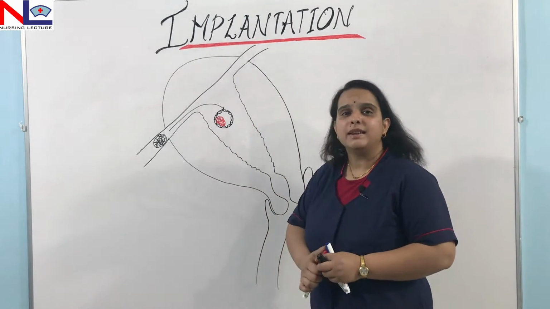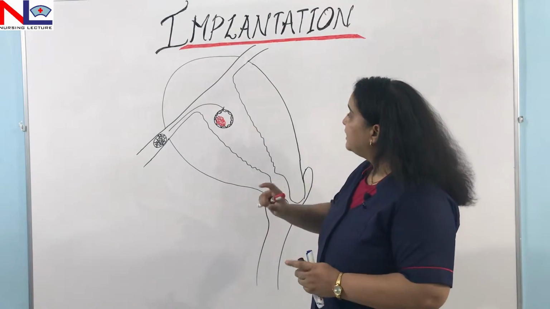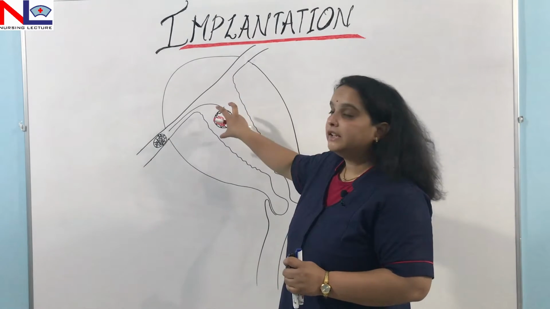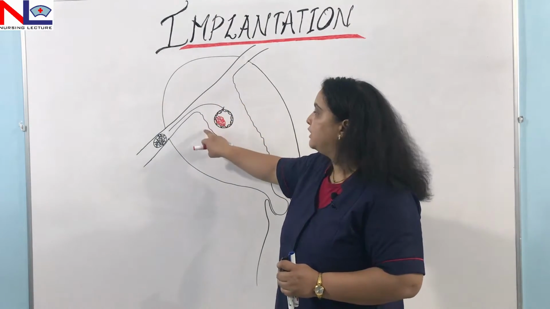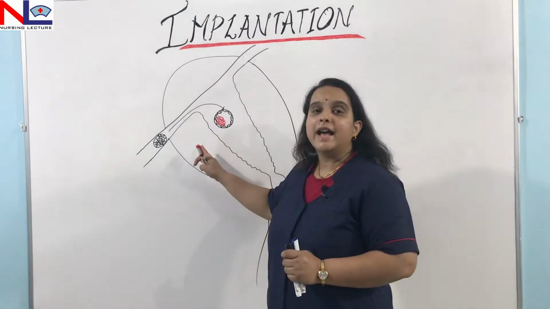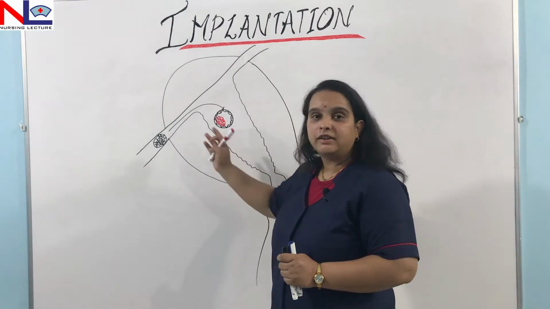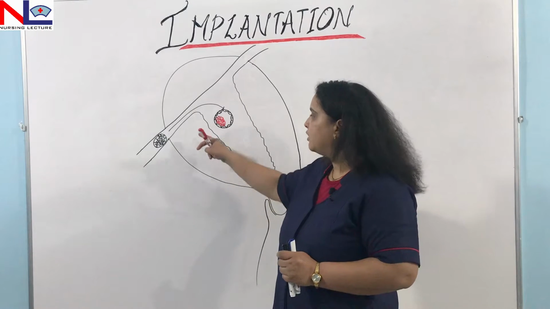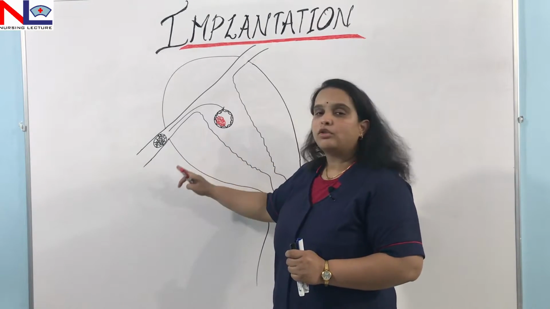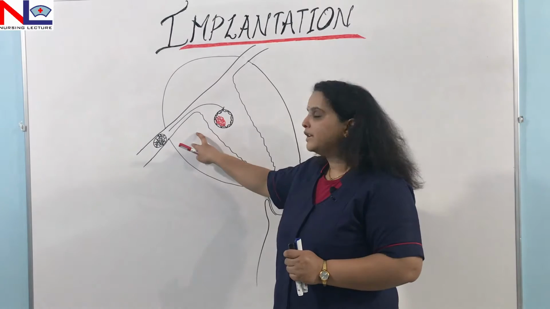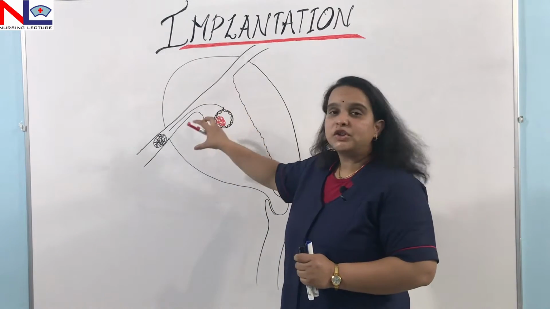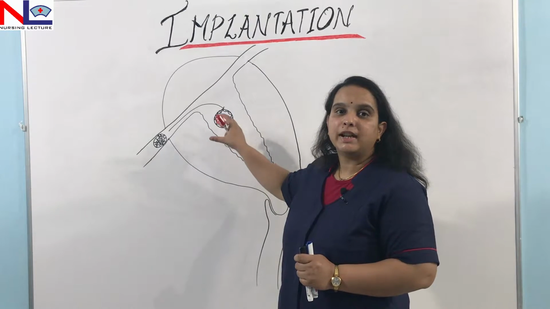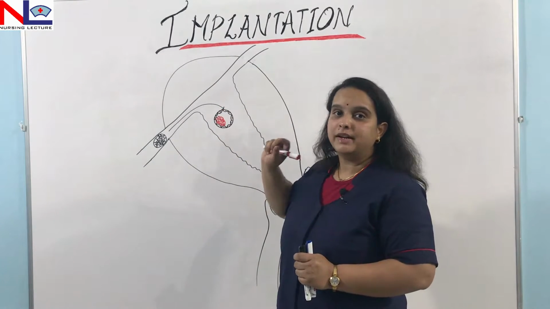Now what is implantation? Implantation means the complete invasion of this ball like structure into the endometrium. As you know, there are three layers of the uterine wall. The outermost is the perimetrium, the middle one is the myometrium, and the innermost is the endometrium. The invasion is going to take place in the endometrium itself.